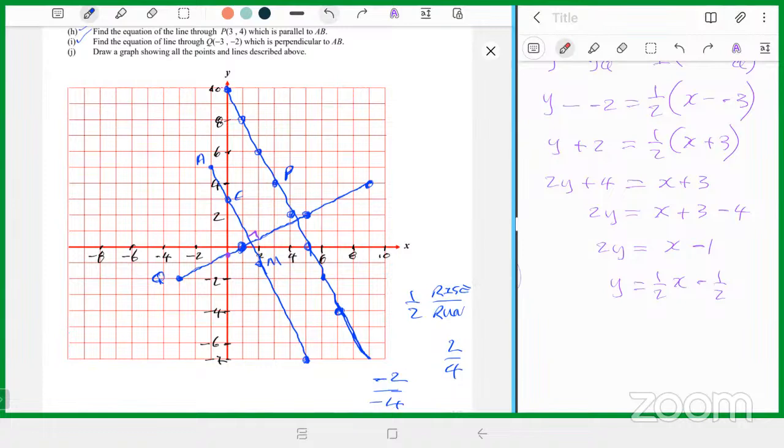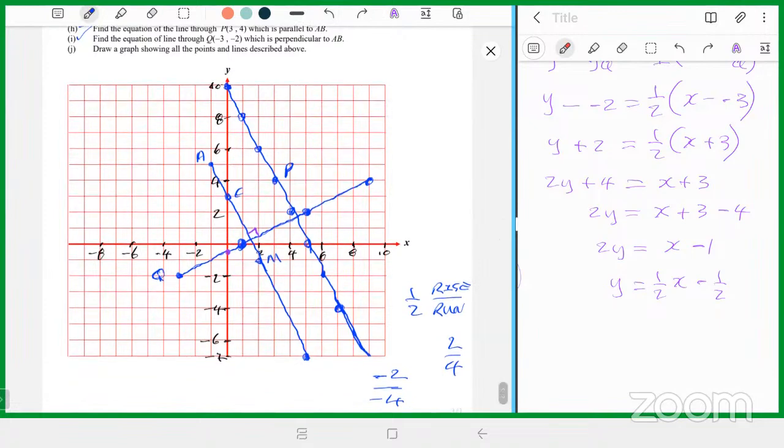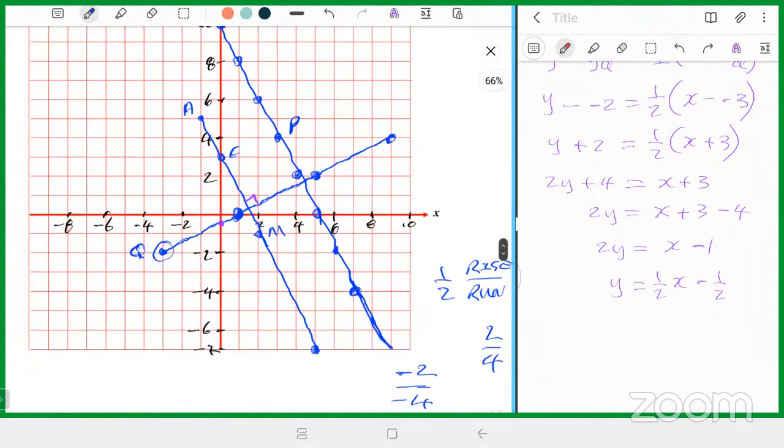When I rise -2, it means I'm going down. When I run -4, it means I'm going to the left. So starting at Q, I can go the other way to get additional points. See it here. Starting here, I can rise -2, 1, 2, run -4, 1, 2, 3, 4 to here.